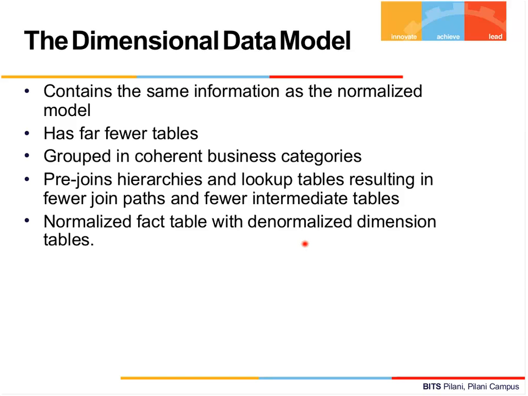If the data is not duplicated, I need to go to another table, join the state, and then get the data. But if I put the state also in my dimensional table, that means I have to populate the state for each and every store.